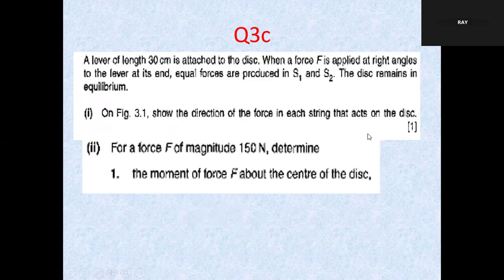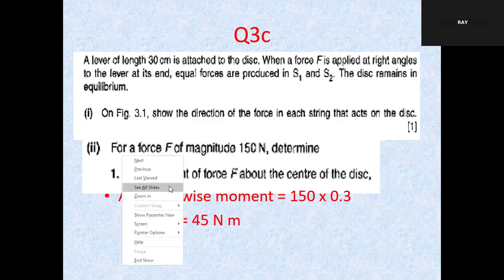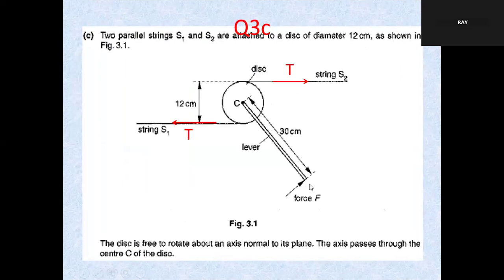For the force F of magnitude 150 newton, determine the moment of the force F about the center of the disc. Anti-clockwise moment is 150 times 0.3, which is 45 newton meter. Okay or not? That's force and perpendicular distance.